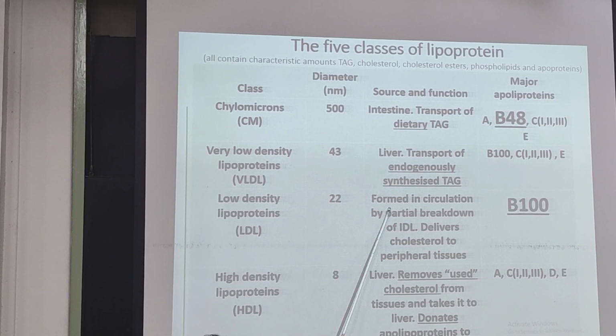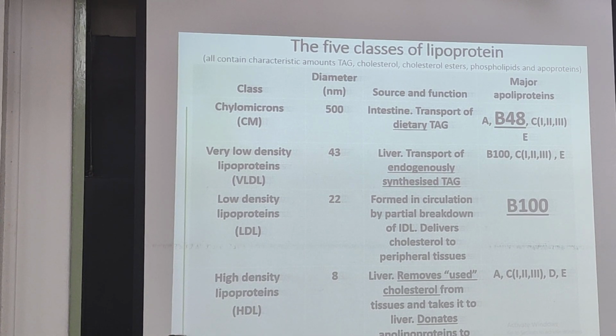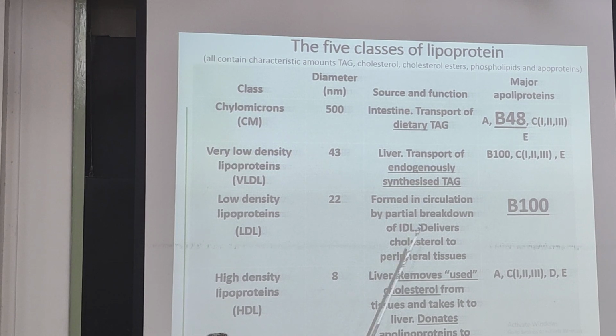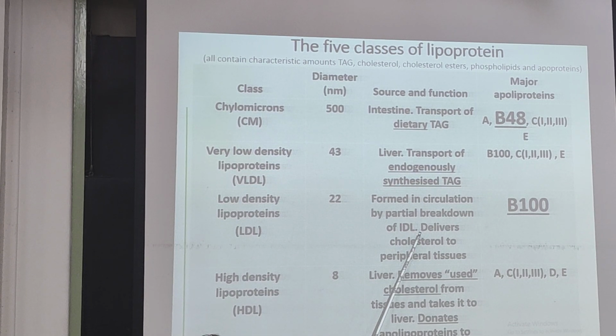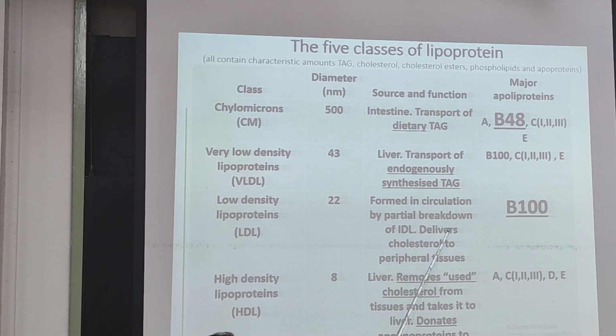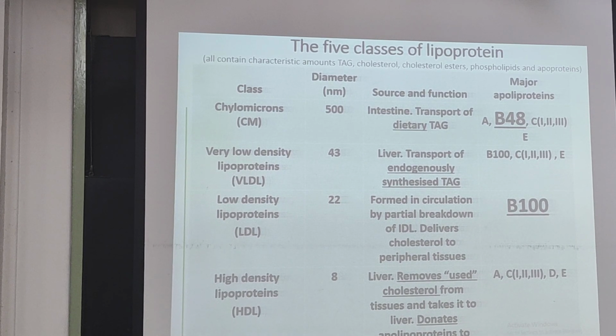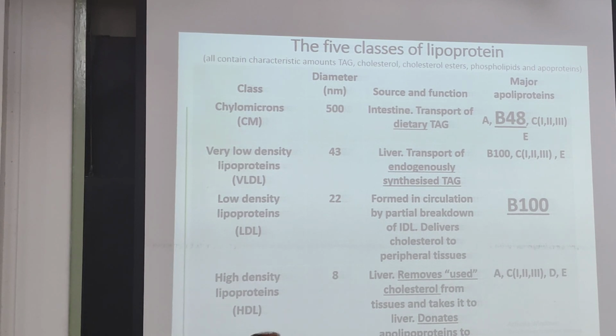LDL is formed in the blood circulation. The site of production of LDL is the blood circulation from VLDL or IDL, and its activity is transporting cholesterol to the peripheral tissue. It has just ApoB100.